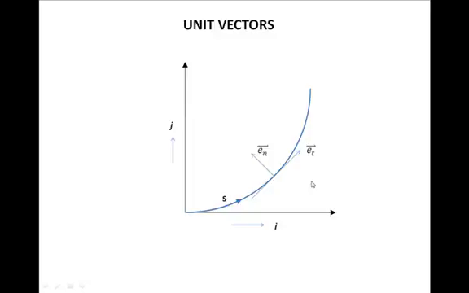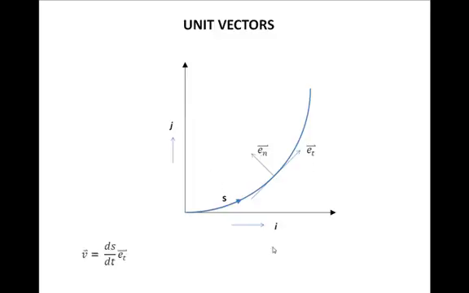Of course, the magnitudes are constant, but directions keep changing, and therefore these are not constant vectors like i and j. But in spite of this, we find that for many problems it is convenient to express velocity and acceleration in terms of Et and En rather than i and j.